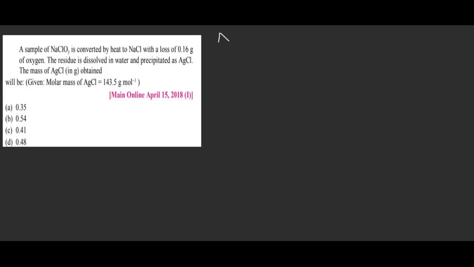So I can write this in the form of equation. NaClO3 upon heating gives you NaCl plus 3 by 2 O2, which I am doing so that I can balance the equation. Now you can see that when 3 by 2 O2 is formed, then 1 NaCl unit is formed.